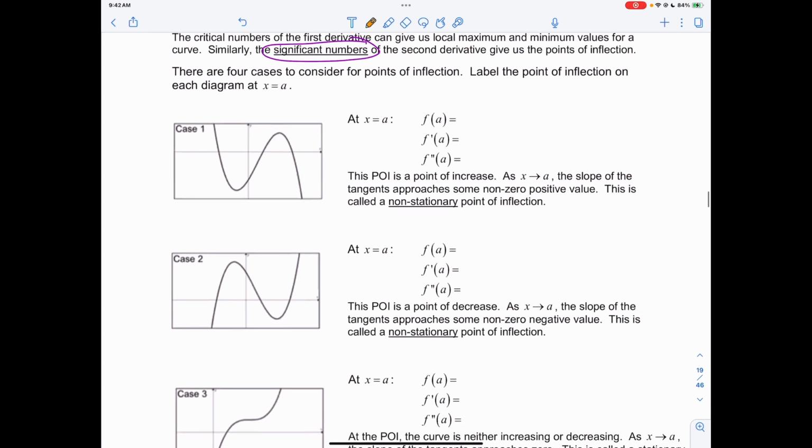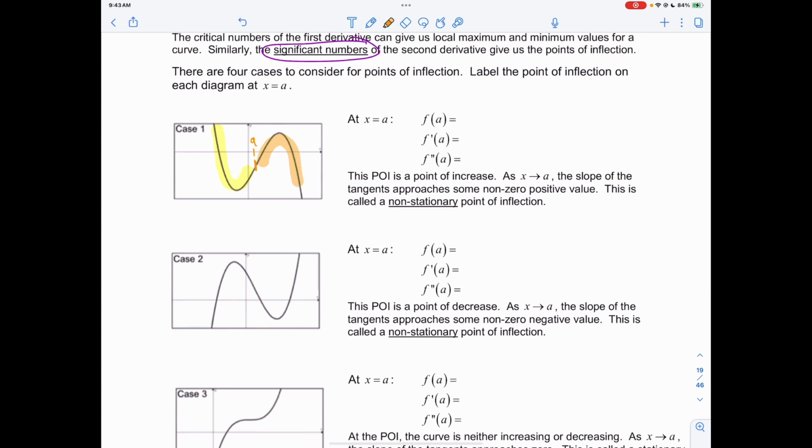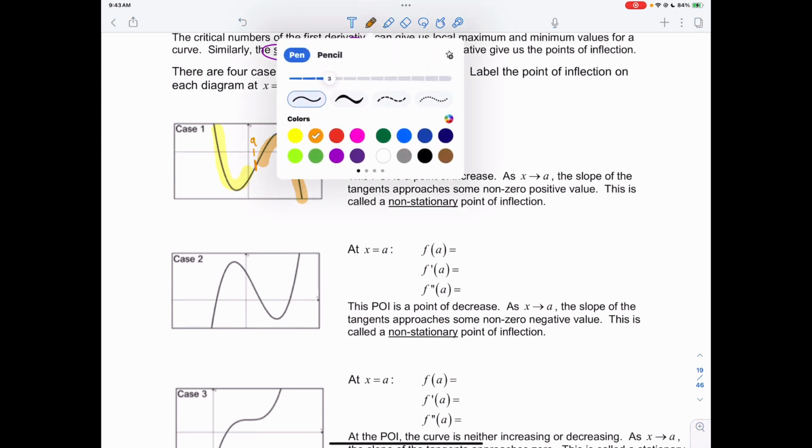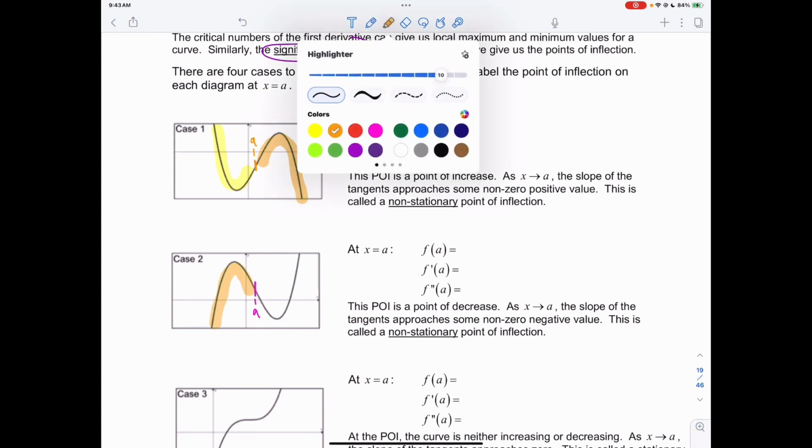So for case 1, we have a point around here, we're going to call point A, where we can see that it goes from concave up to concave down. In the second example, point A is approximately here, where in this case we're going from concave down to concave up.